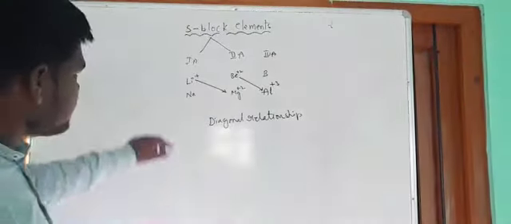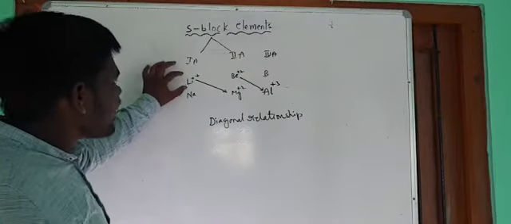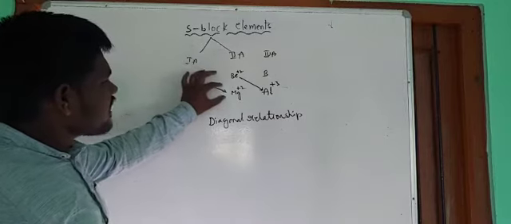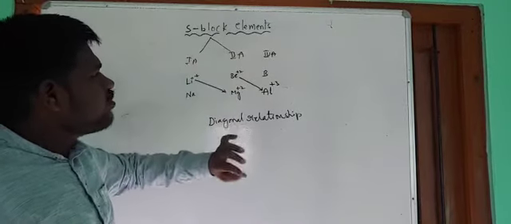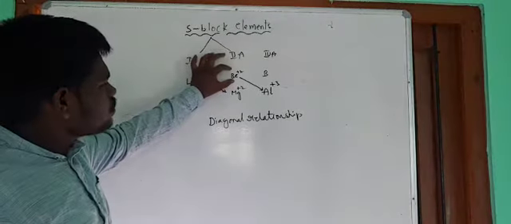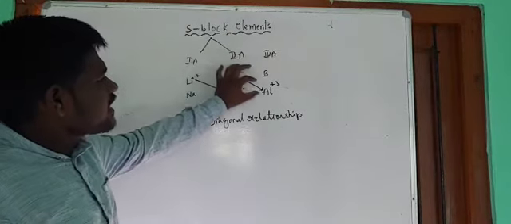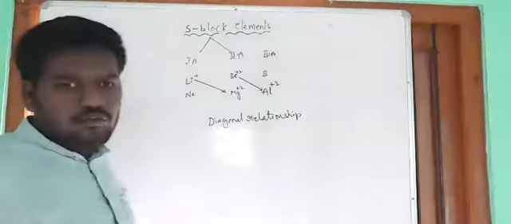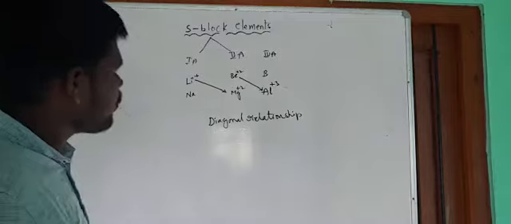So right guys, this is a first A group element, even though in its ionic form its properties are similar with the second element present in the second A group, and this is the second A group element ion, and this one shows similar properties with Al3+ present in the third A group. So this property is known as diagonal relationship.